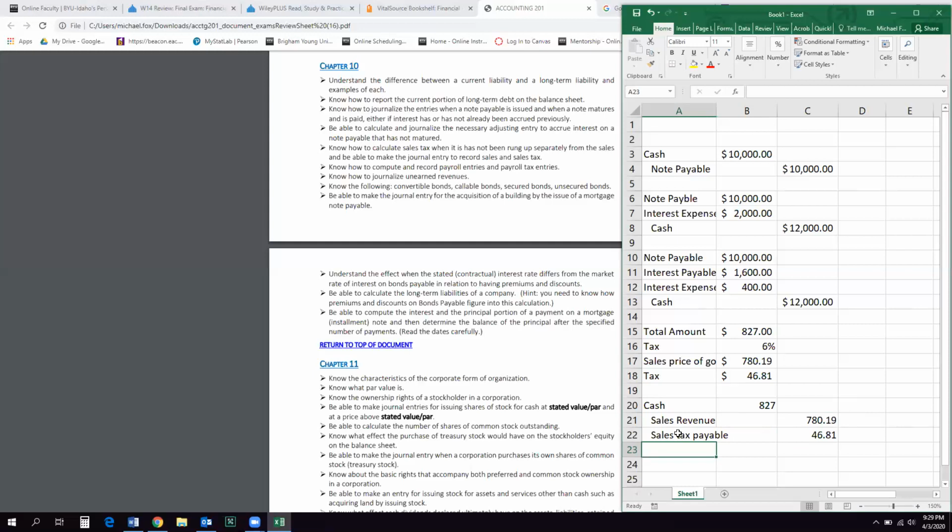All right, let's see. Know how to compute and record payroll entries and payroll tax entries.